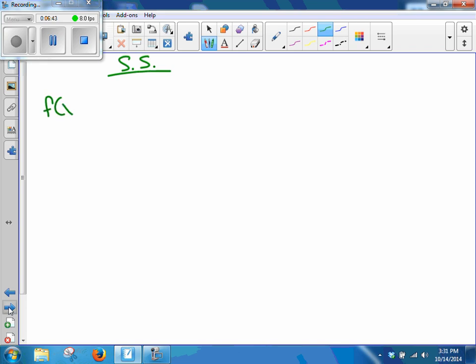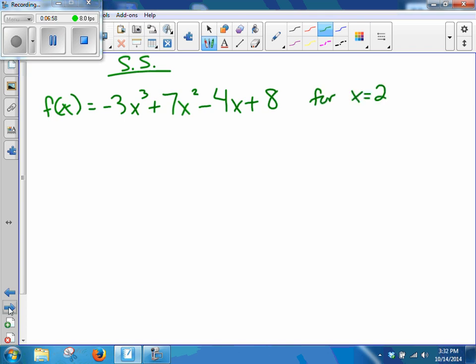I have f of x is equal to negative 3x to the third plus 7x squared minus 4x plus 8 for when x is equal to 2. So take a second.